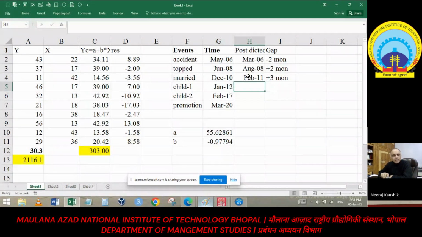Now I have a question here. How many predictions should be correct from that astrologer, whom you will ask about your past? I repeat, if you go for 10 life events, how many life events should be connected very closely by the astrologer so that you get confidence that yes, I can ask about my future?